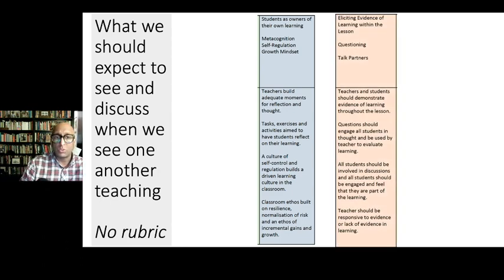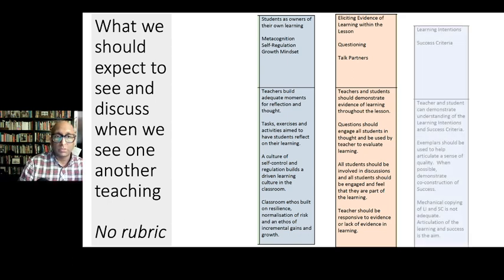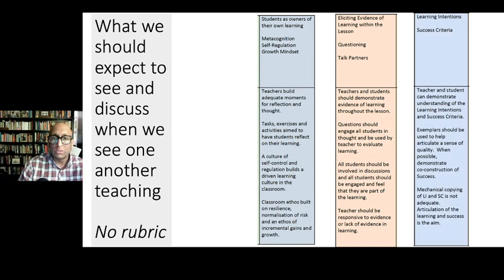I want students and teachers to constantly demonstrate that they're learning throughout the lesson. Questioning should be provoking thought, discussion, and teacher responsiveness, listening. Teacher and student should be able to articulate what success and learning looks like.